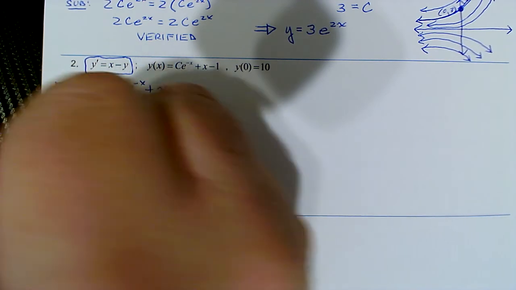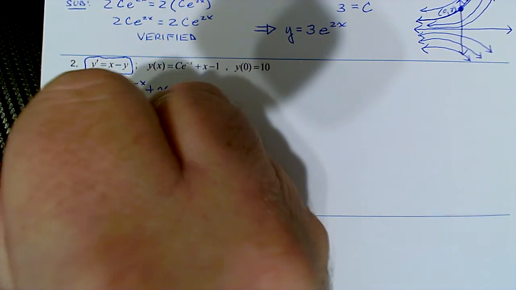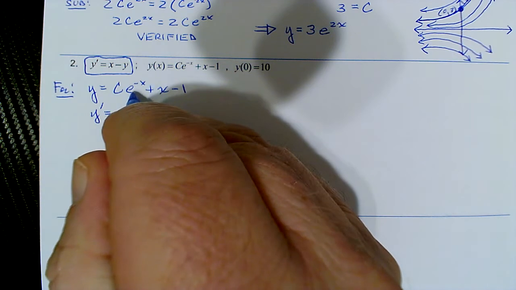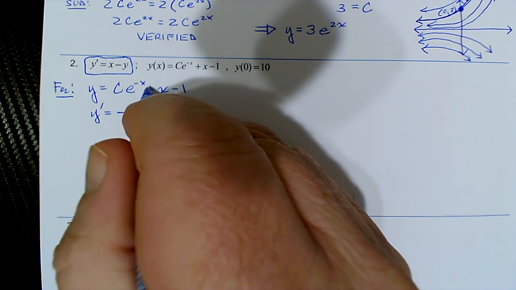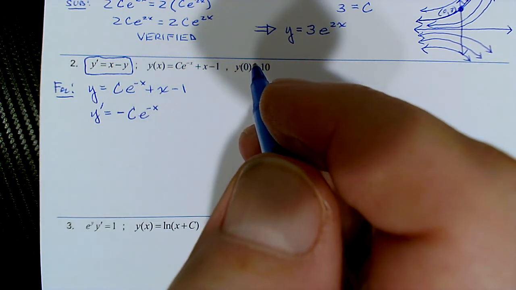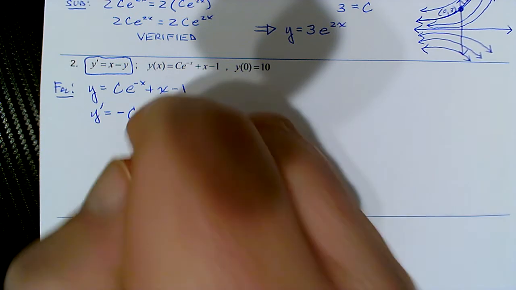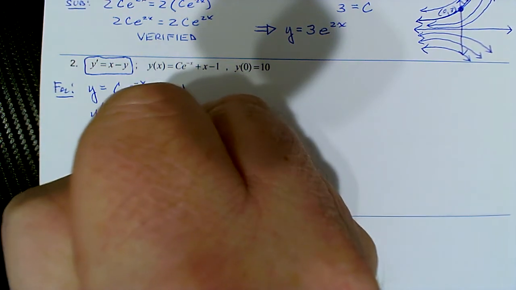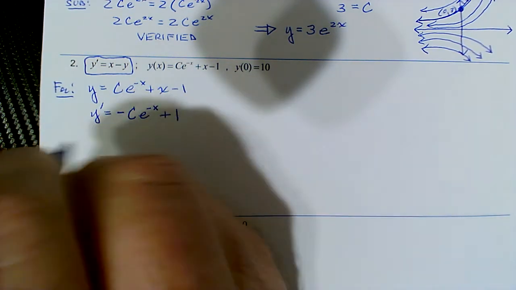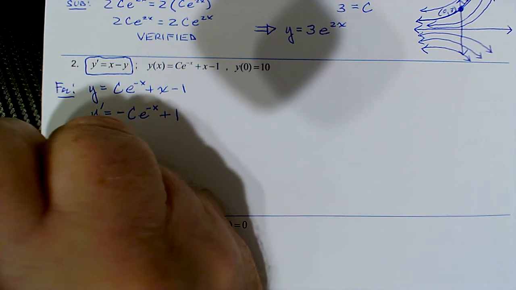So y prime would be negative c e to the negative x, because the derivative of e to the negative x is e to the negative x times negative 1, negative 1 being the derivative of the power on the base of e, and then plus the derivative of x is 1, and the derivative of the constant negative 1 is of course 0.